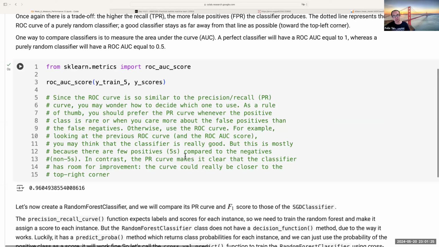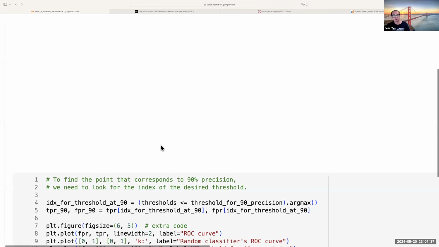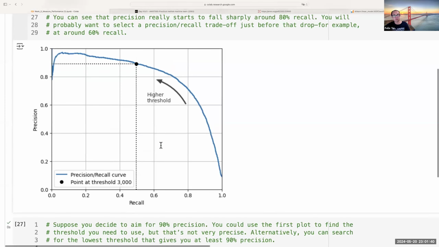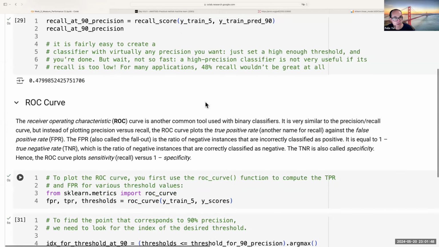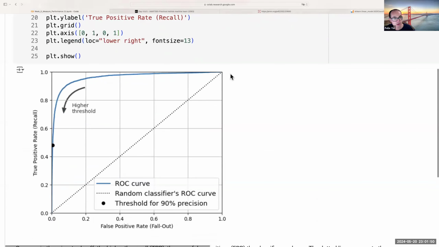In this case, the PR curve will make it clear that this classifier has a lot of room to improve. This curve should be really close to the top right corner for the PR curve. For this PR curve, it's quite clear there is a lot of room to improve toward the top right corner. But with the ROC curve, it seems like the model is doing a very good job, like the accuracies we'll be using right here.